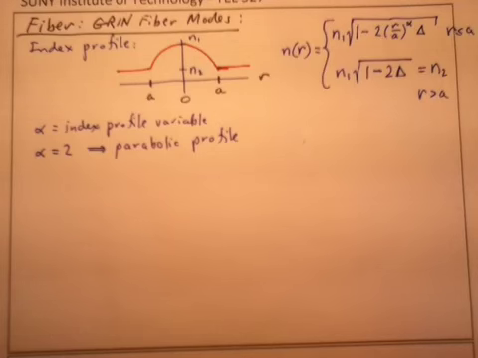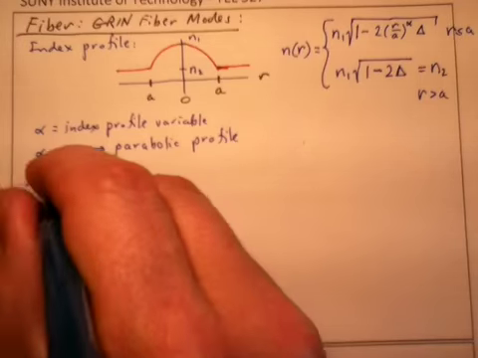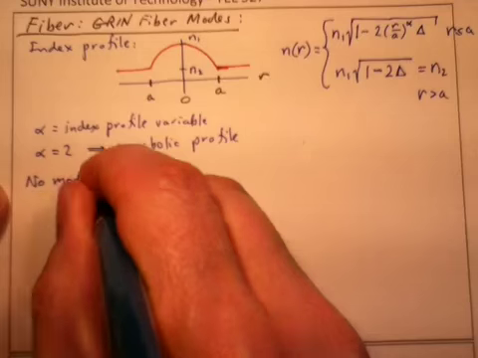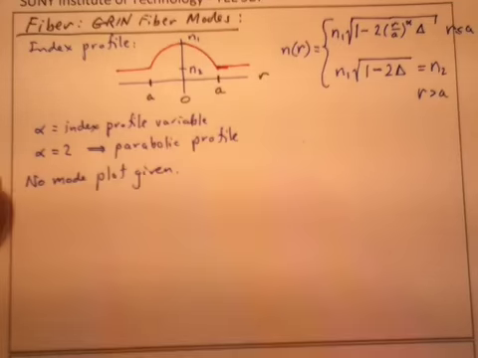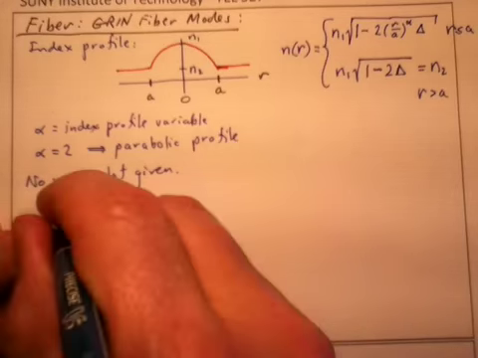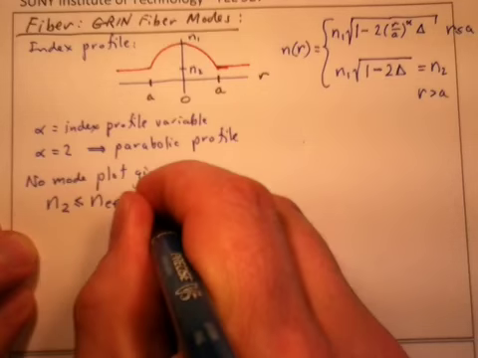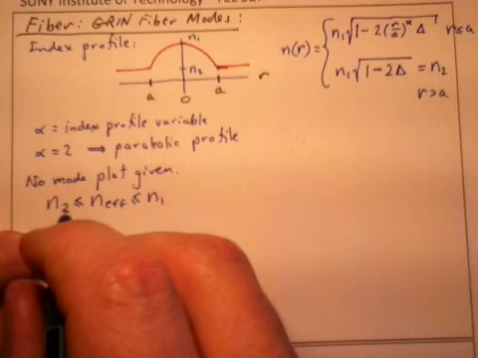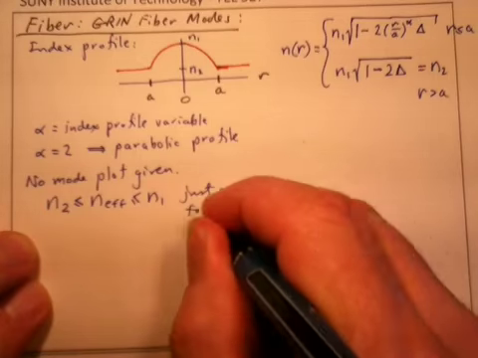Okay, so there's a couple of different equations that we can write down for the GRIN fibers, and we're not really going to make a mode plot, so I'm going to say no mode plot given. You may notice that that's missing in the book, but we do have n2 less than or equal to n effective less than or equal to n1, just as for step index fibers.